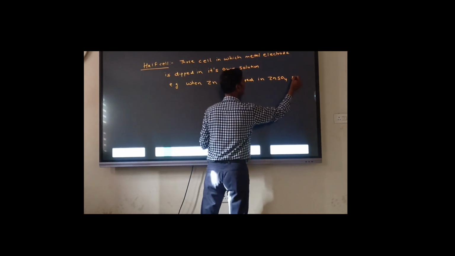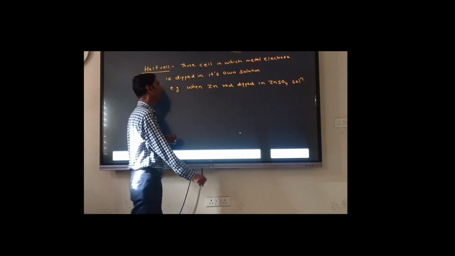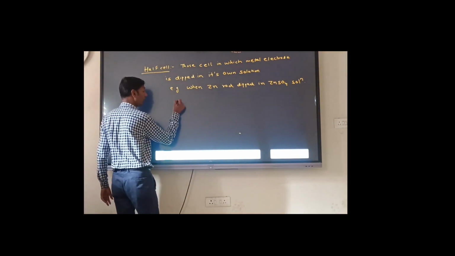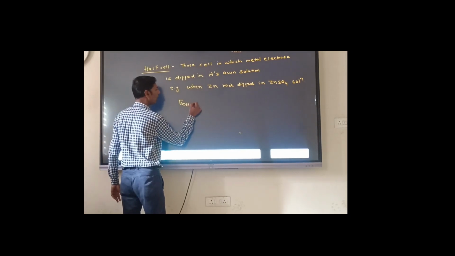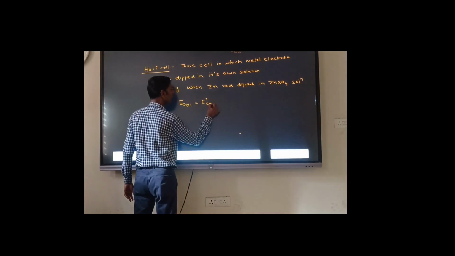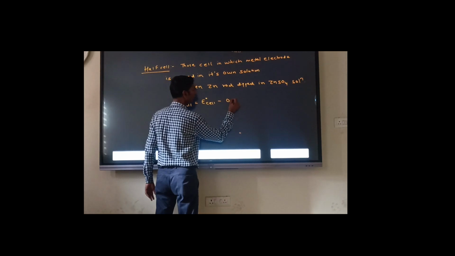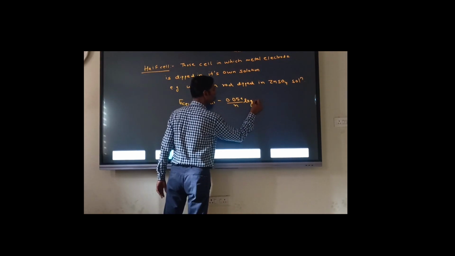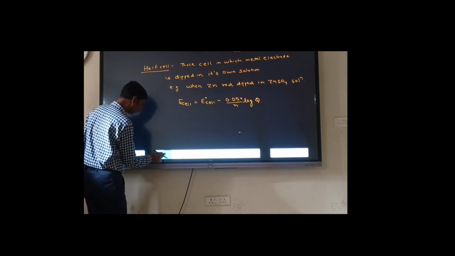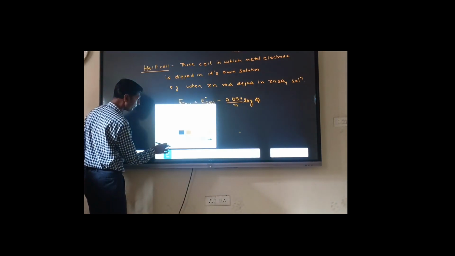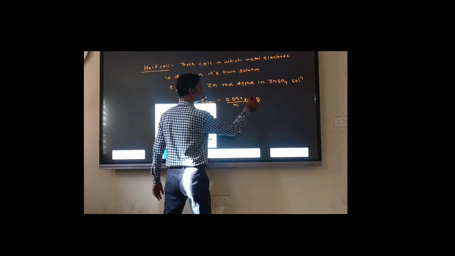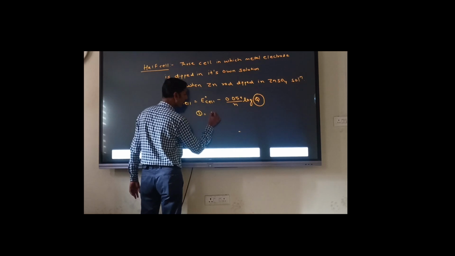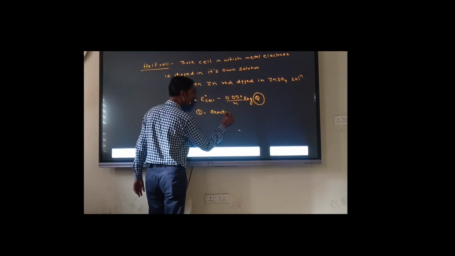If I want to calculate the electrode potential of such a cell, then how do I calculate it with the help of this equation: E is equal to E naught cell minus 0.059 upon n log Q. Now the interesting point is, what is this Q? This Q is the reaction quotient, as I told you.